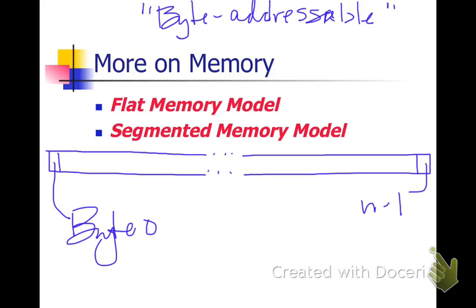The programs actually encode 32-bit addresses to logically reference locations, in this case, in a single memory space, where both data and instructions are stored. So in segmented memory, memory is viewed as a collection of segments.